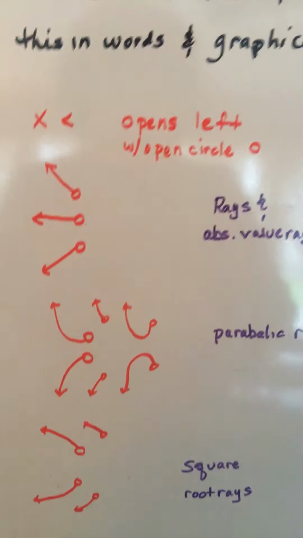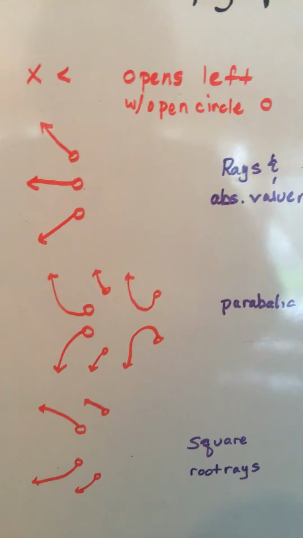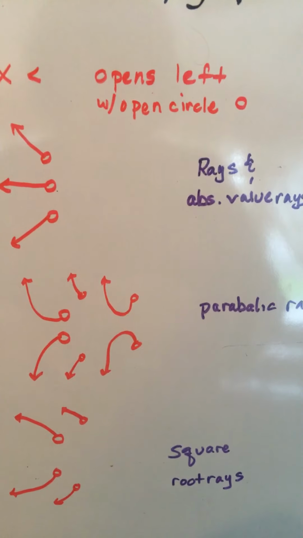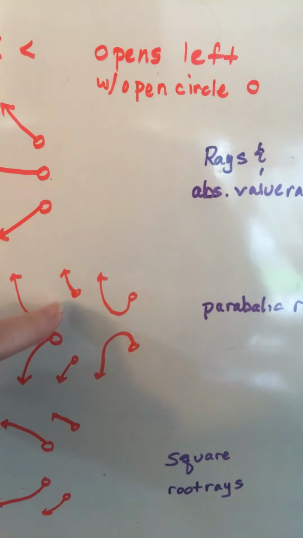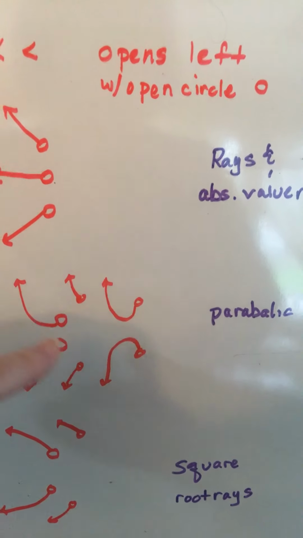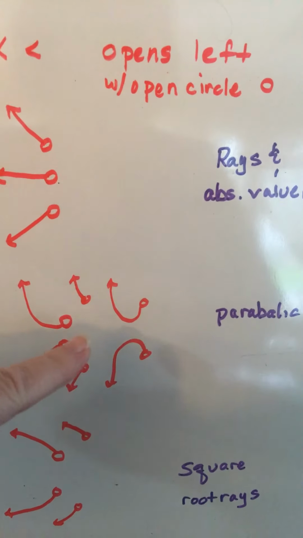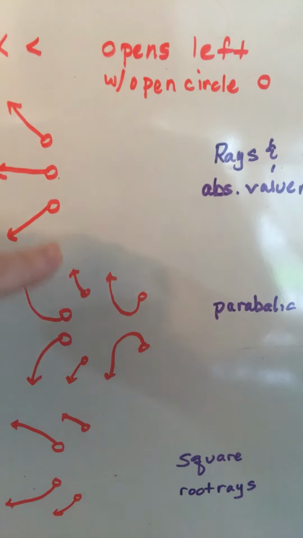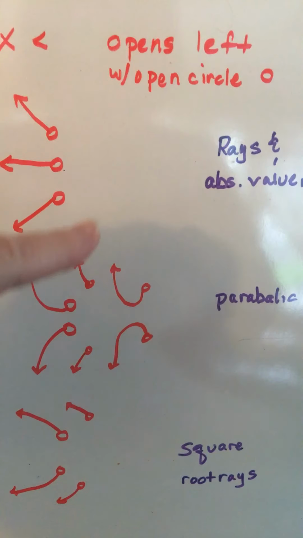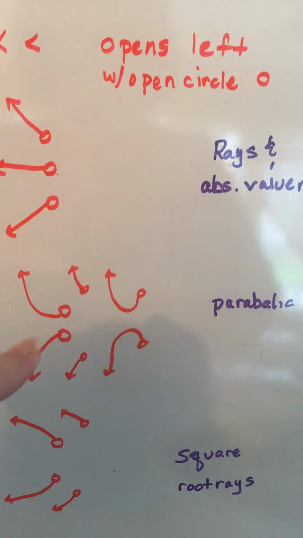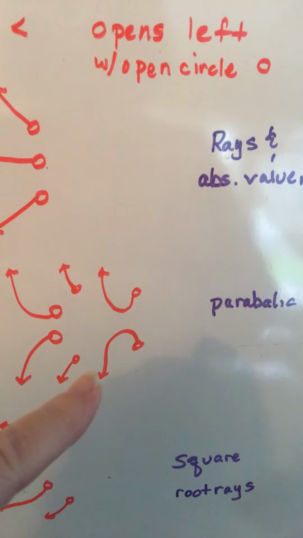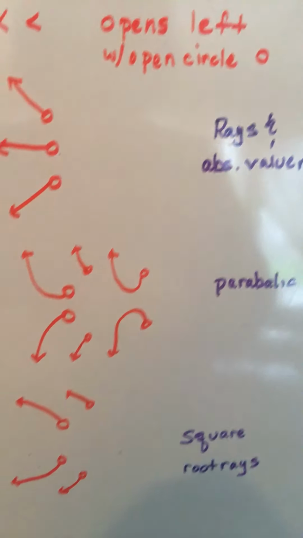Absolute values will do the same kind of thing. If you're a parabola, you form a parabolic ray, you can use exactly half of the parabola, less than half, or more than half. Or maybe it's opening down, you use exactly half, less than half, or more than half.